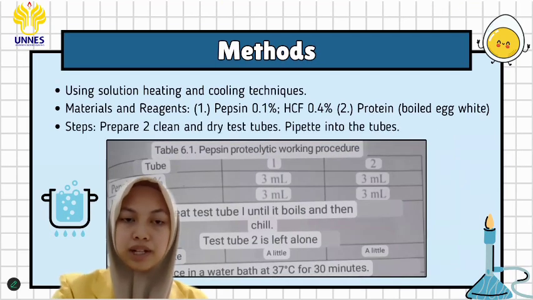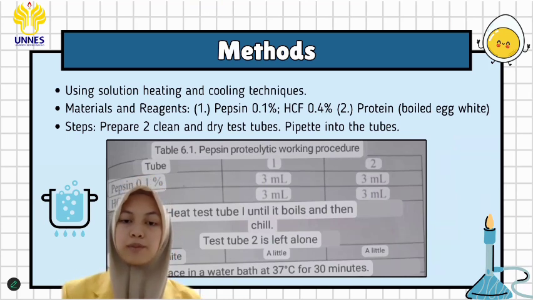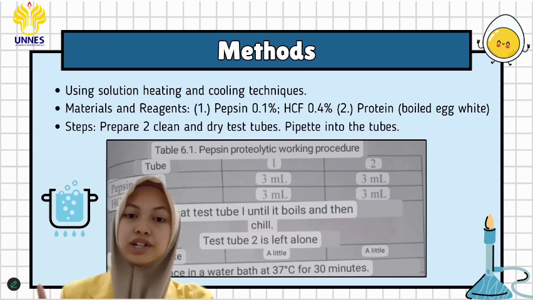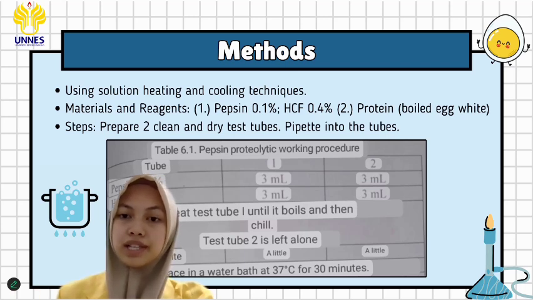Its method. The method uses heating and cooling techniques. The steps are: prepare two tubes, where each tube is filled with 3 milliliters of pepsin plus HCl. Then heat test tube 1 until it boils and then cool it. Test tube 2 is left open.